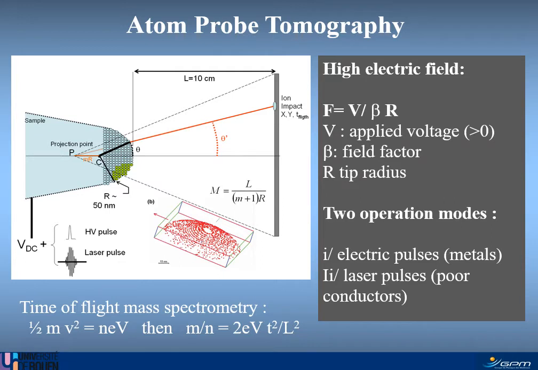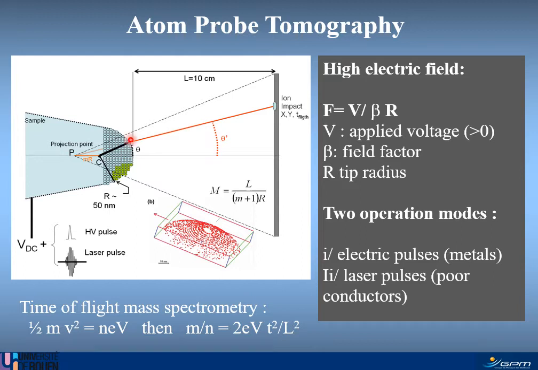And so let's imagine that you've got 5 kilovolts again on this sample, on this tip. Atoms are stable, there is no evaporation. And with these laser pulses, you will increase the temperature of the specimen at the surface. And so you will be able to field evaporate surface atoms by thermal activation.